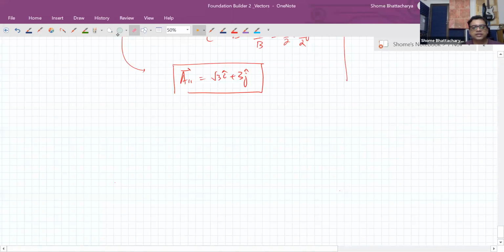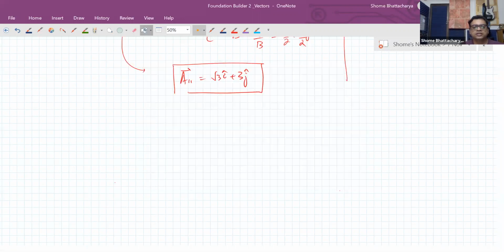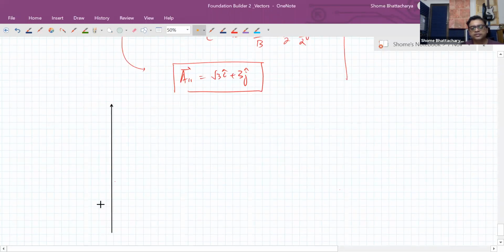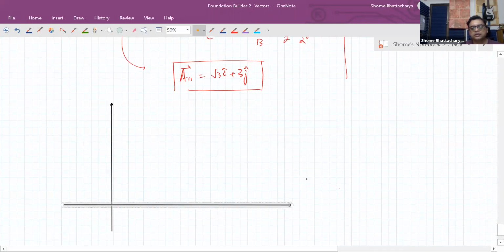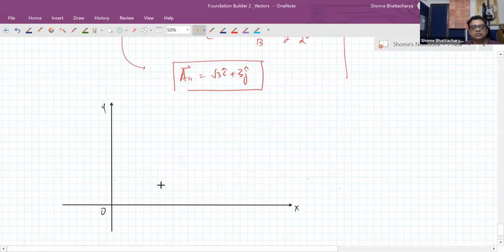The vector E was at 30 degrees with respect to the x-axis and the vector V was at 60 degrees. So the case is slightly different. So the vector E was like this.